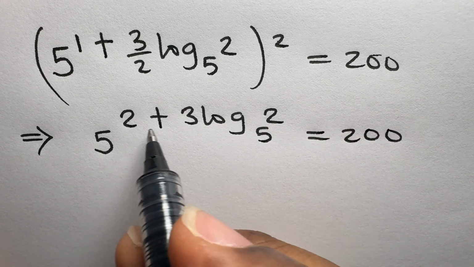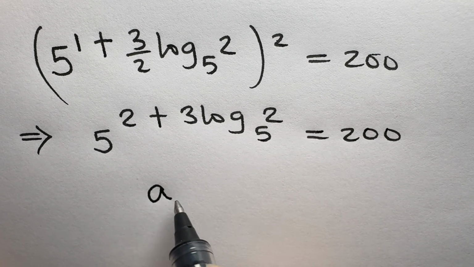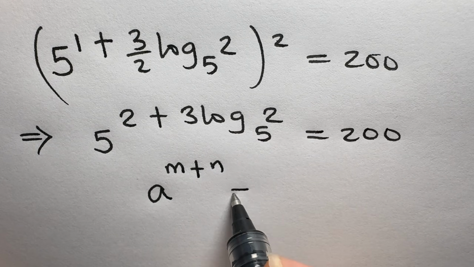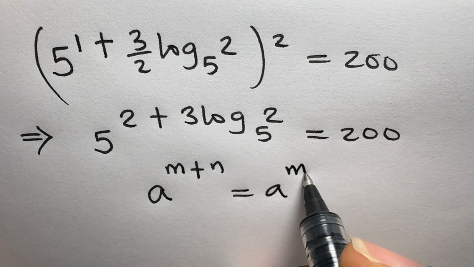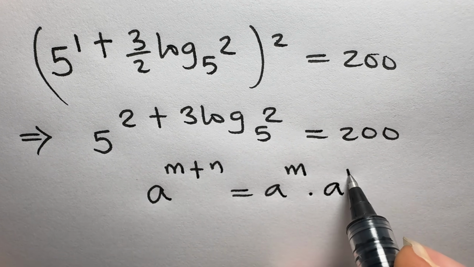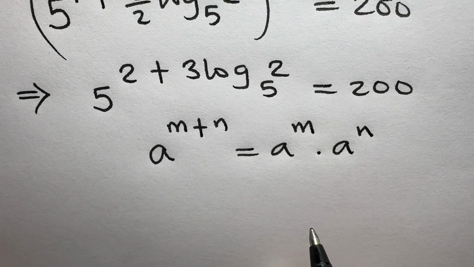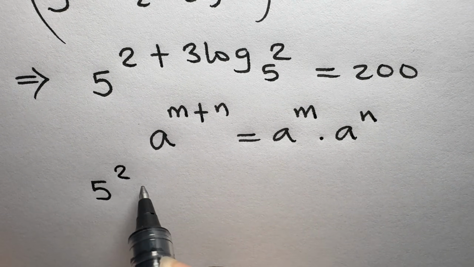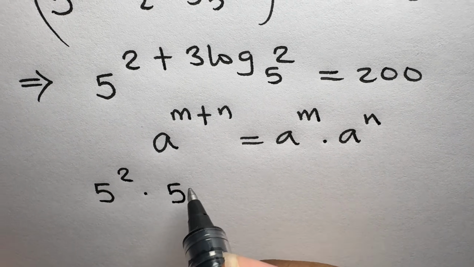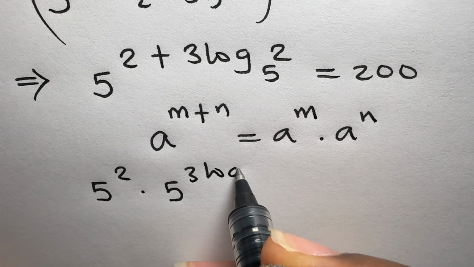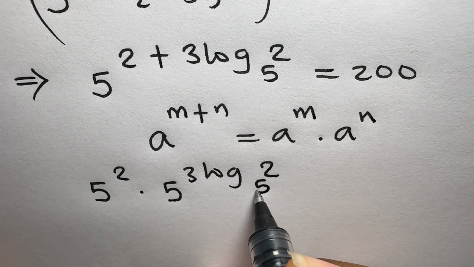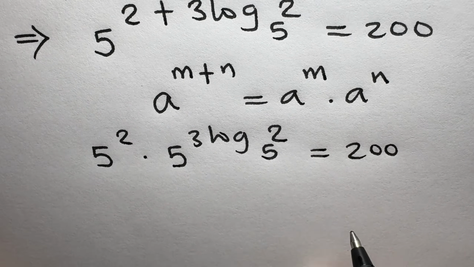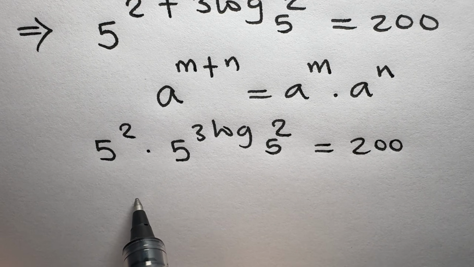Then we go ahead and separate these powers using this law of indices: a^(m plus n) is equal to a^m times a^n. So this gives us 5^2 times 5^(3 log 2 base 5) is equal to 200. 5^2 here is 25.